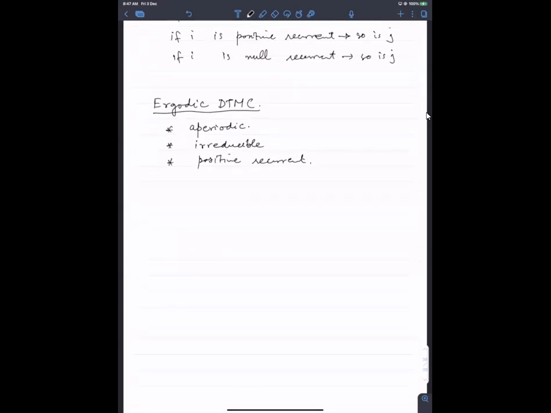So I'm going to talk about time averages now.